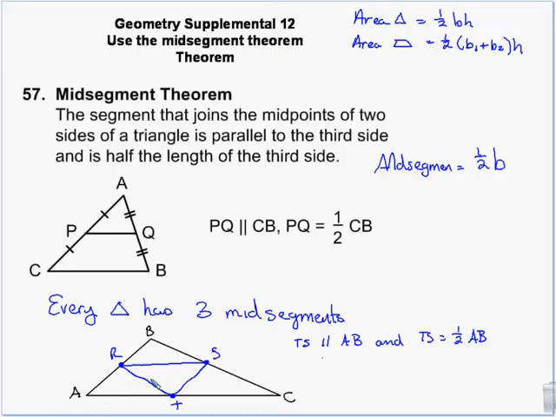They're the same slope. Parallel is just the same slope. So this slope would be the same as that slope. And then you have RS, that's this line, would be parallel to AC, and RS is going to be 1/2 of AC. And then RT, that's this line, is parallel to BC, and it's also 1/2 of BC.